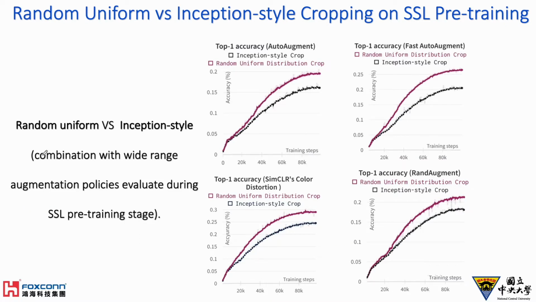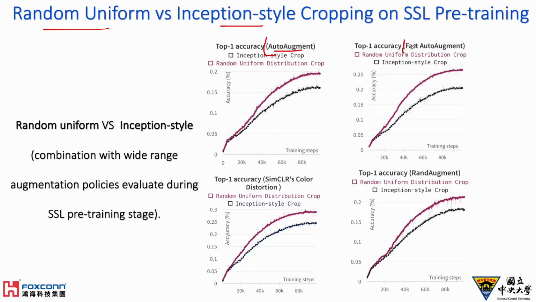We train on the ImageNet dataset, and then we evaluate the random uniform crop against the Inception-style crop, along with multiple augmentation methods. To do this, we use the random crop and Inception-style crop to generate the cropped views, and after that we apply different augmentation methods.